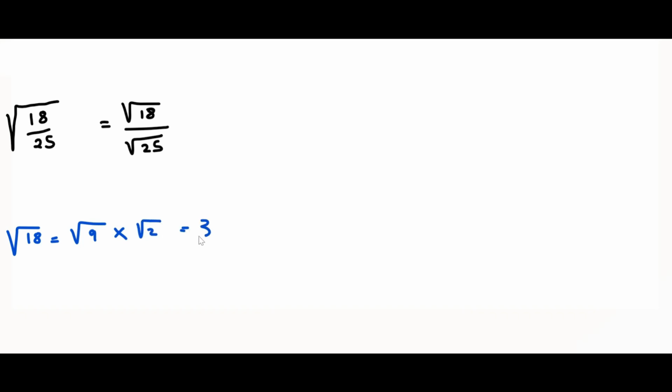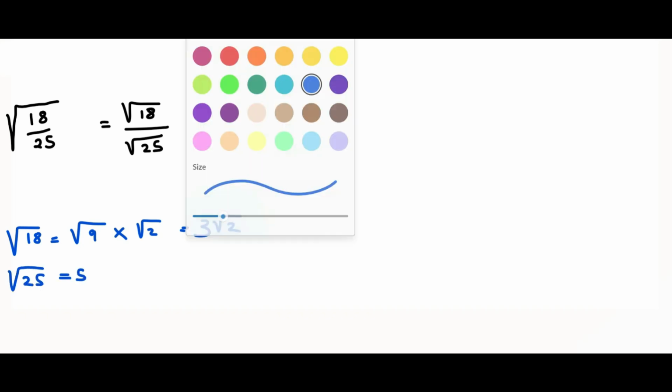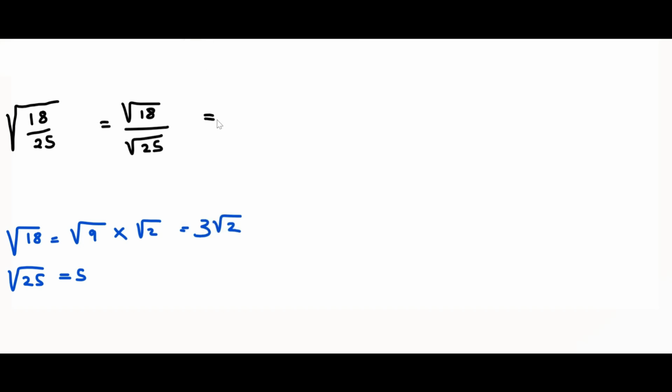Square root of 9 is 3, so 3 root 2 is our answer. And the square root of 25 is just 5. So going back to our question, this surd can now be rewritten as 3 root 2 over 5. This can't be simplified any further, and this is our final answer.